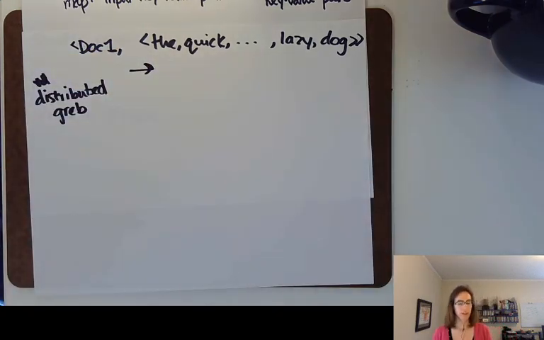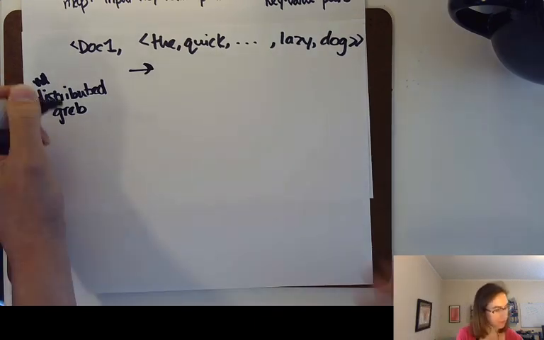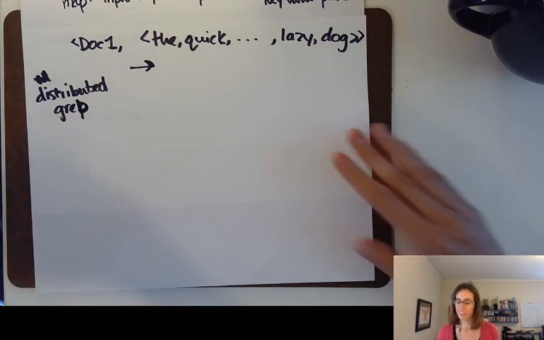So what would we want our map function to spit out if we were trying to do this distributed grep? So, grep is spelled with a P.